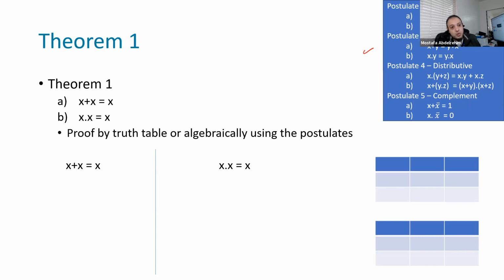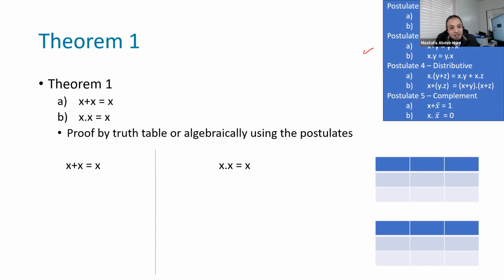Although we proved them, we proved them using the basic definitions of Boolean algebra, especially the truth table. Basically, the only proof of them is actually the truth table. It was easy to derive all of them because we have at most 3 variables.